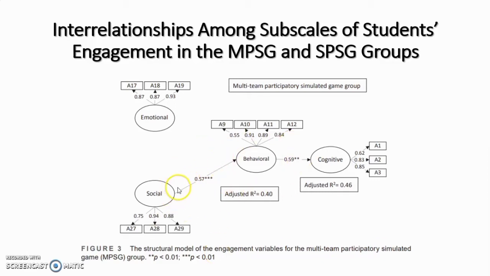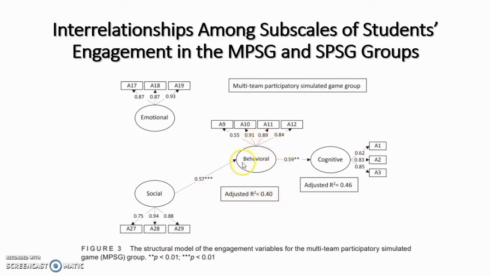In the MPSG group, social engagement was a significant and positive predictor of behavioral engagement, where the path coefficient equals 0.57 and adjusted R-squared equals 0.40.